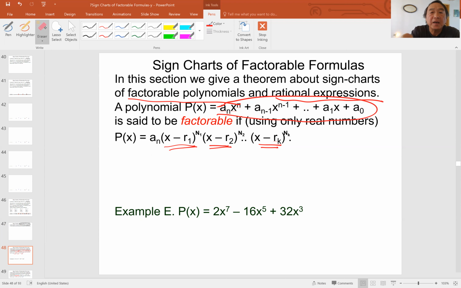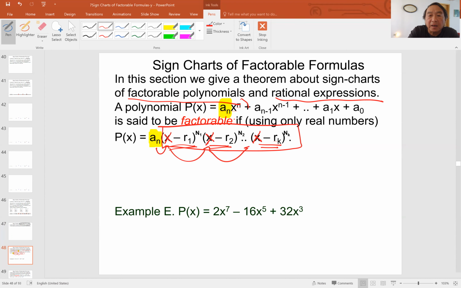And what is this a_n doing? What we mean by that is, if I factor that number out, then I can factor the rest of the polynomial into this form, which starts out with x times x times x. So when I multiply the first terms out, I get a_n times x to the n.